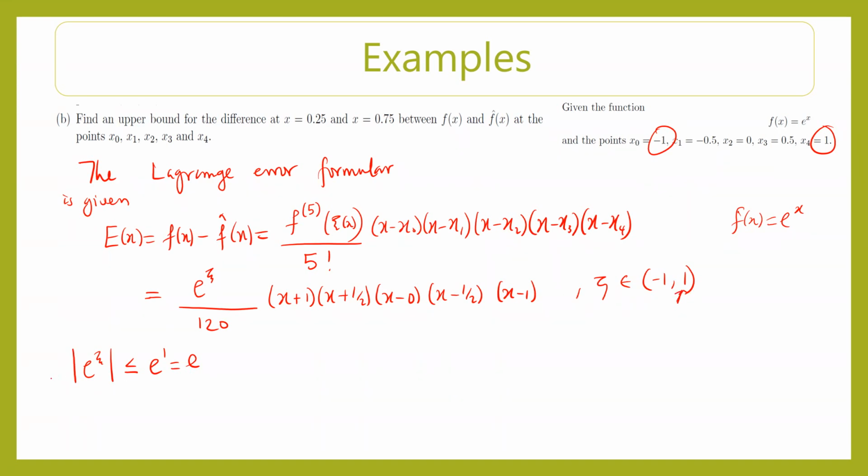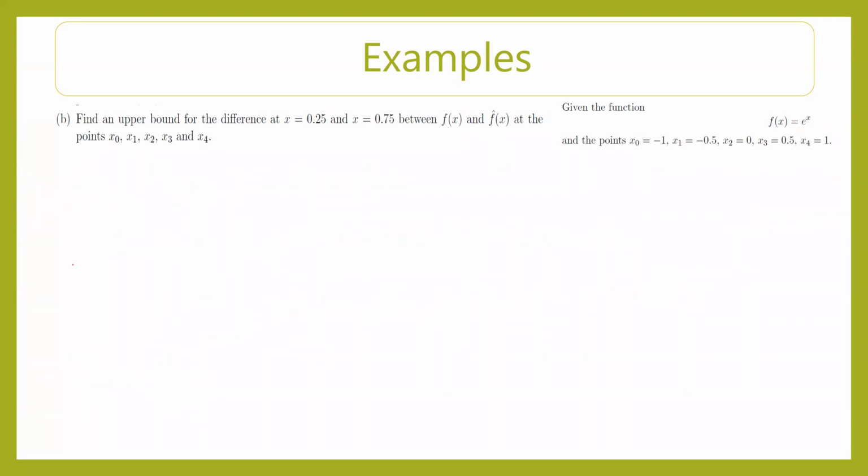And so I can now find the error. The upper bound I'm looking for will be less or equal to this divided by 120, which is 5 factorial, and the e, which we use to bound the f.